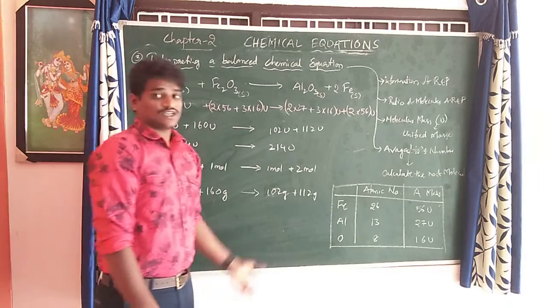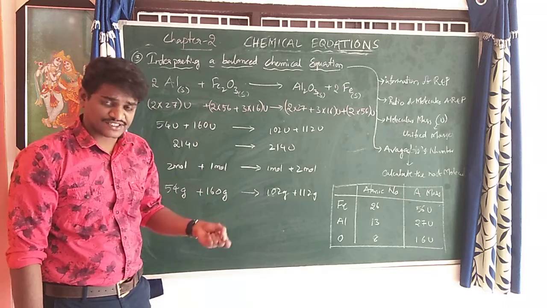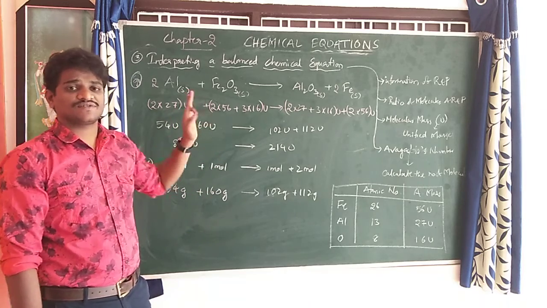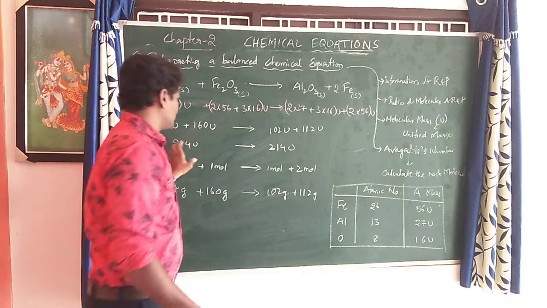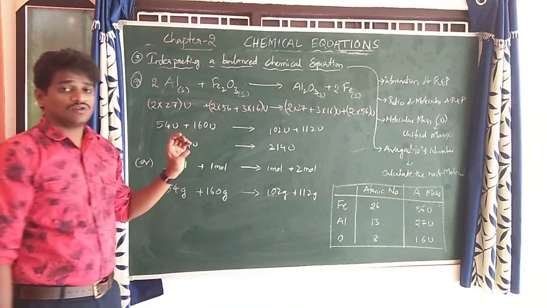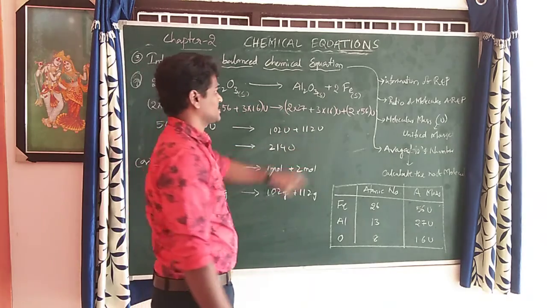From the RHS it should be the same. According to the law of conservation of mass, atoms can neither be created nor destroyed. So we should get 214 units here as well.